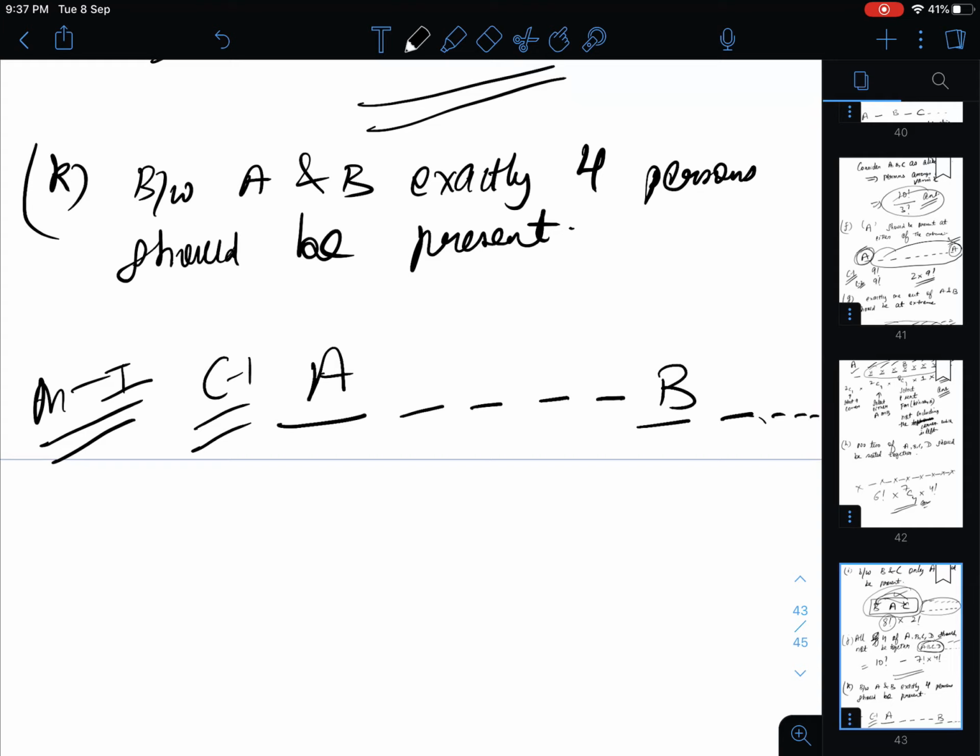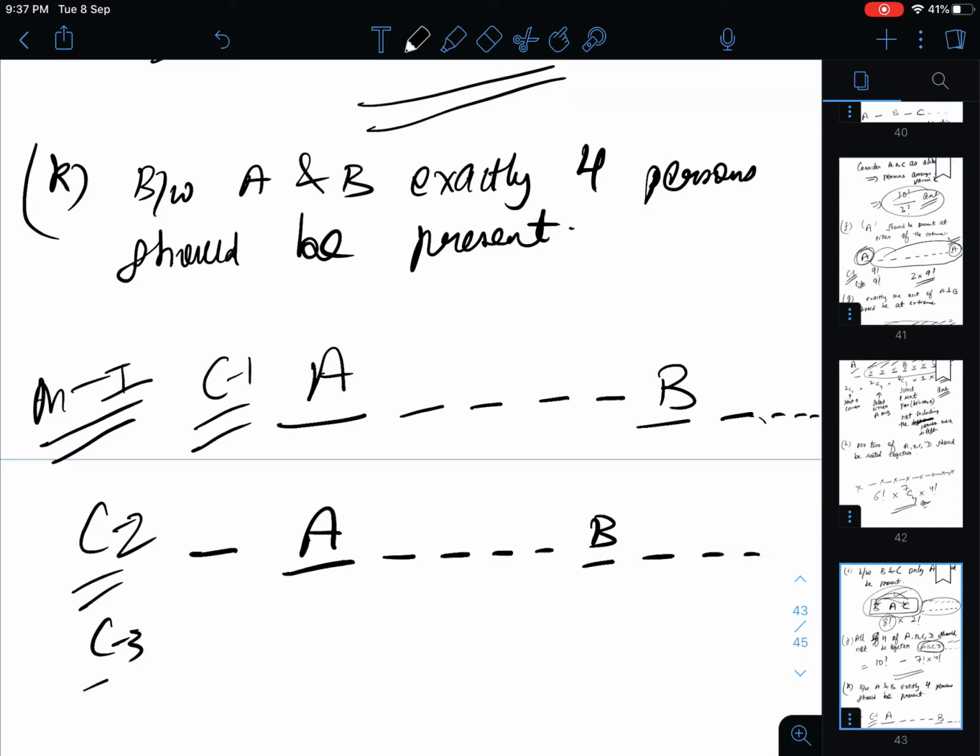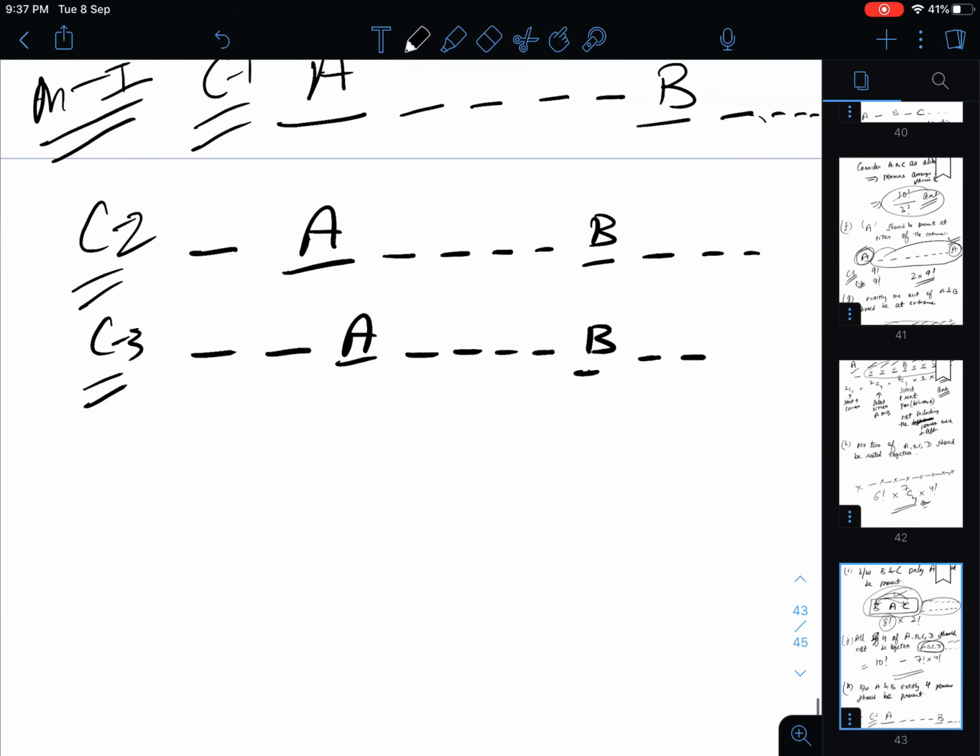Okay, then case 2 can be, you have A here, then 1 2 3 4 people here, B here, and then 3 people here. Then case 3 would be A here, 1 2 3 4, B here, and then 2 people here. And then you can see that there will be case 4, and then case 5.